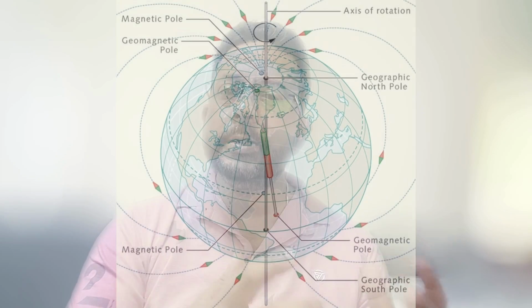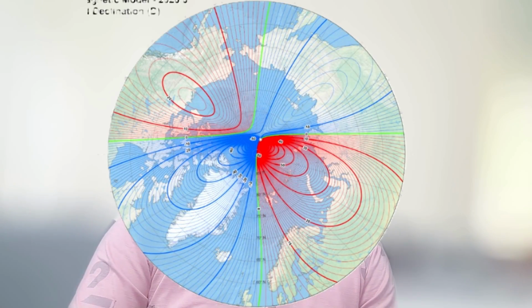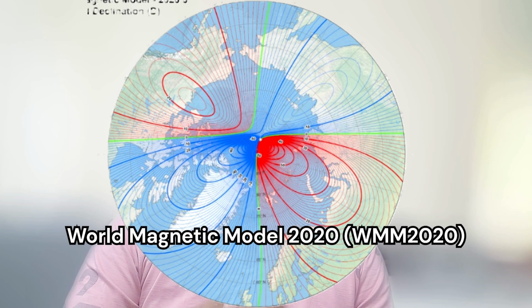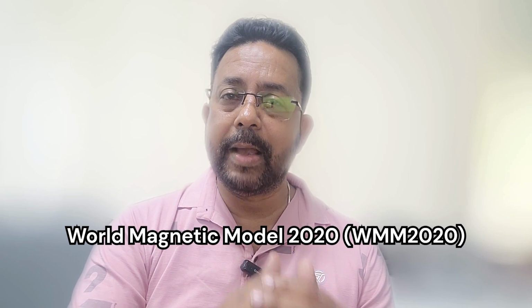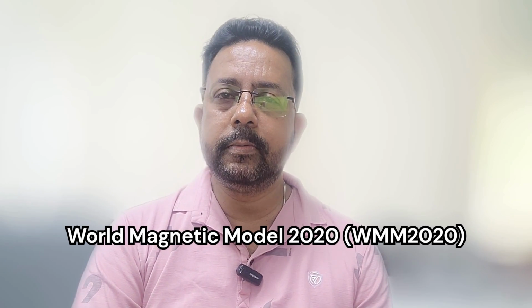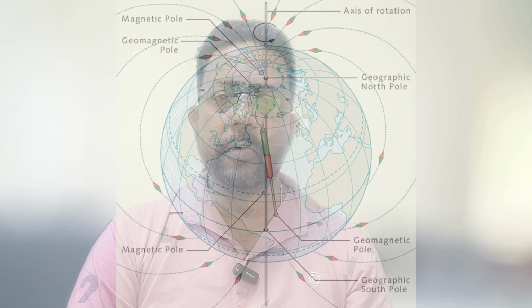Now you may have also heard about a term called geomagnetic North Pole. This is a mathematical model or an approximation of the Earth's magnetic pole. The latest model that we have is called WMM 2020, or World Magnetic Model 2020. This model is very important and it is integrated into our surveying software and navigation software.